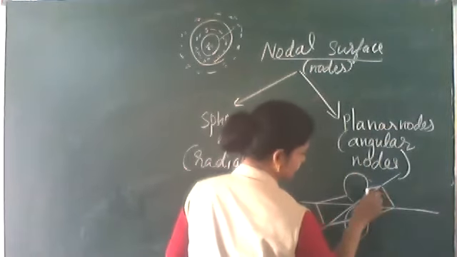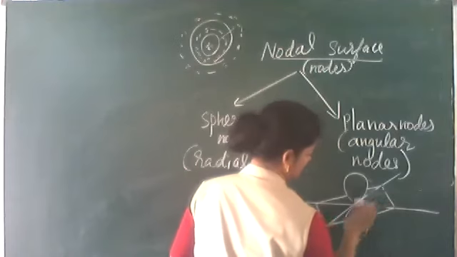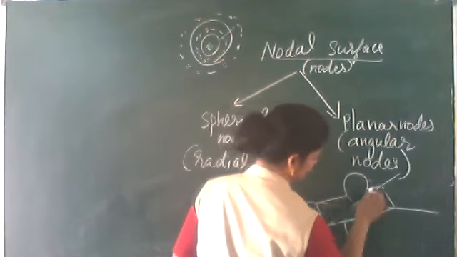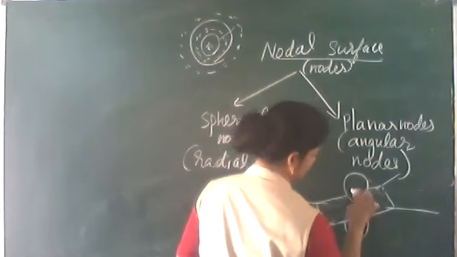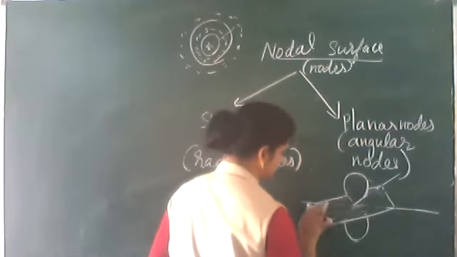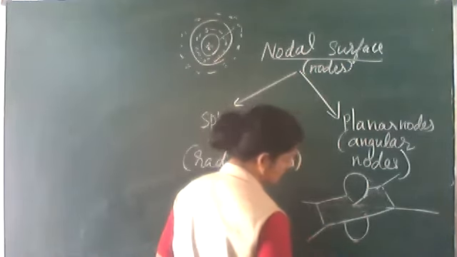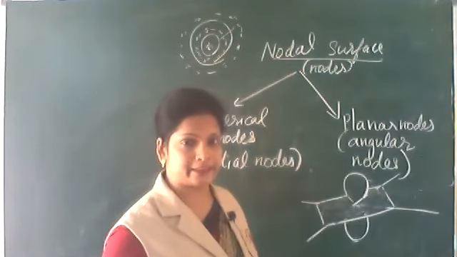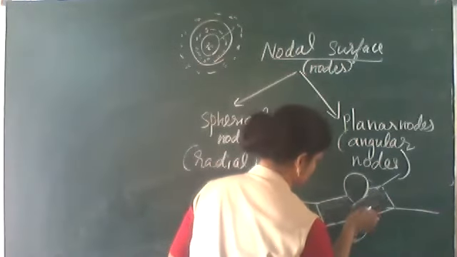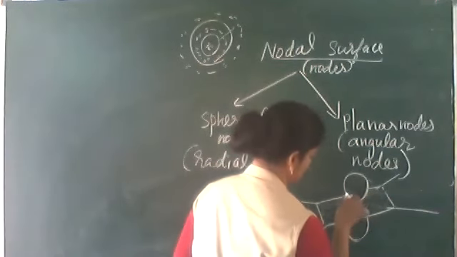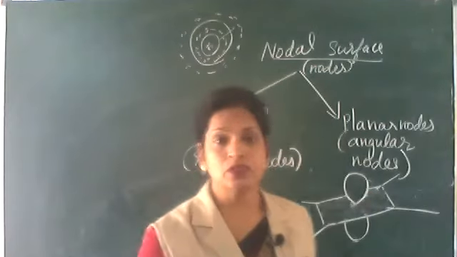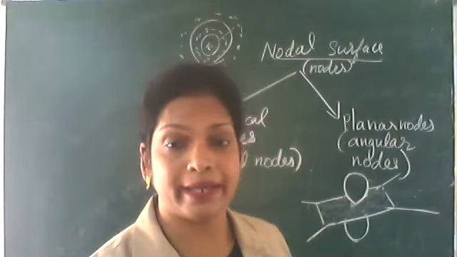On this plane, there is no probability density. This is the planar node. What is the total number of nodes? That is n minus 1.